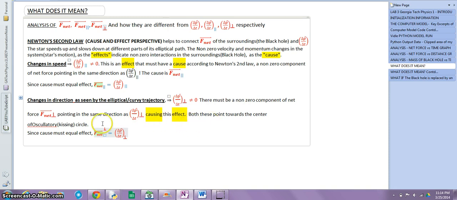Both these point toward the center of an oscillatory circle or a kissing circle. Since the cause must equal the effect, the perpendicular component of net force will equal the perpendicular component of delta p over delta t. Please pardon the shifting of the symbol for the perpendicular component to the top instead of being here in the subscript at the bottom.